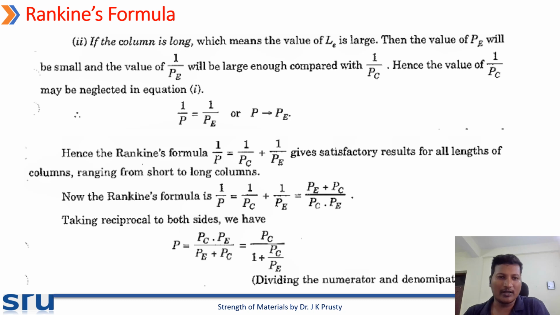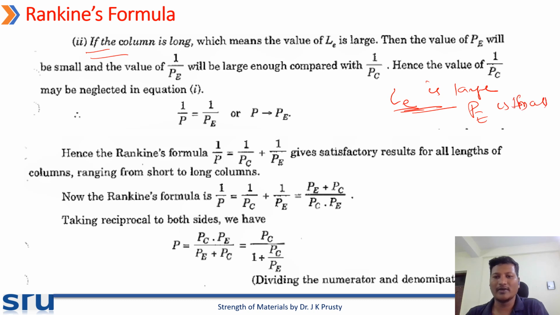Now consider the second case, if the column is long, which means the value of LE is large. If the value of LE is large, then PE is small, because PE is equal to pi square EI by LE square.